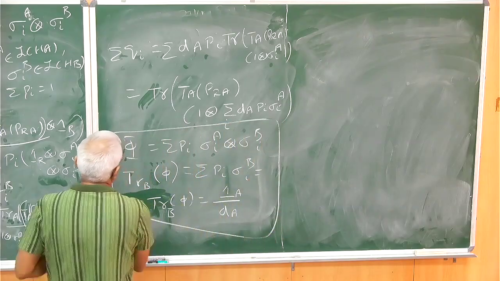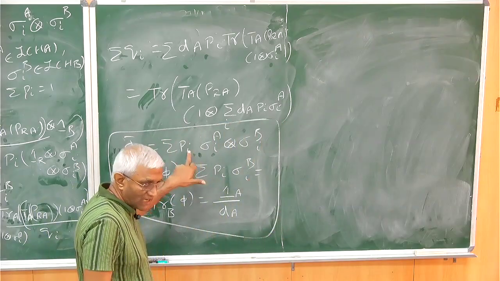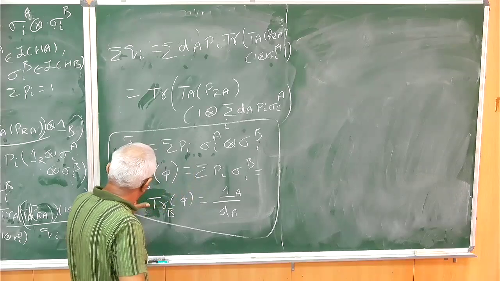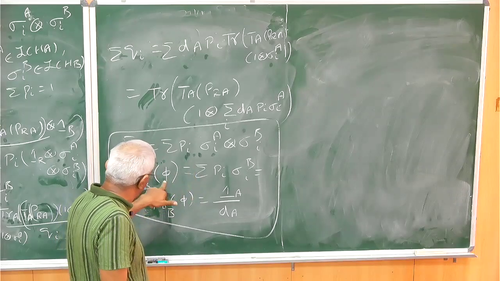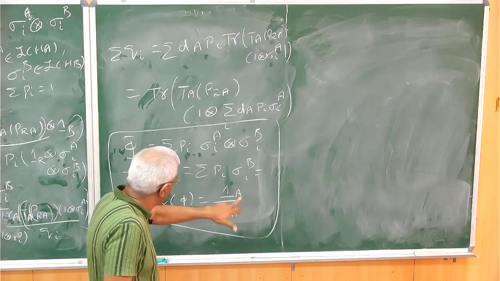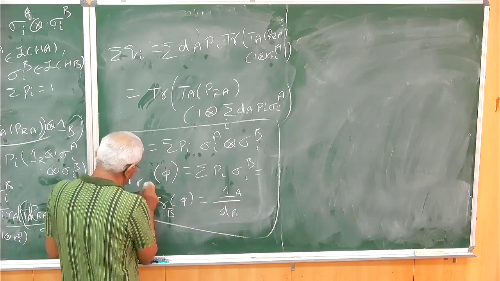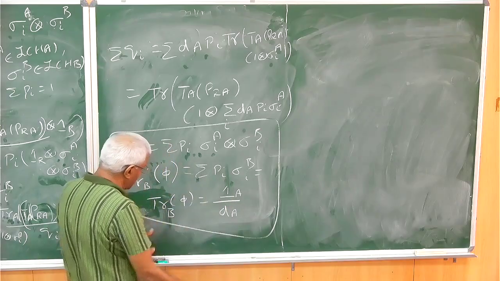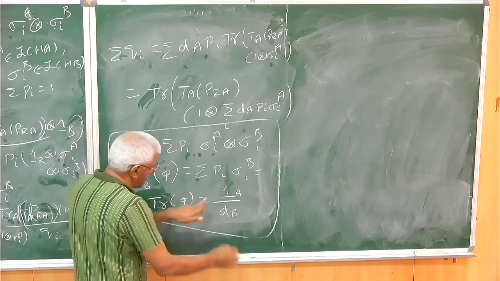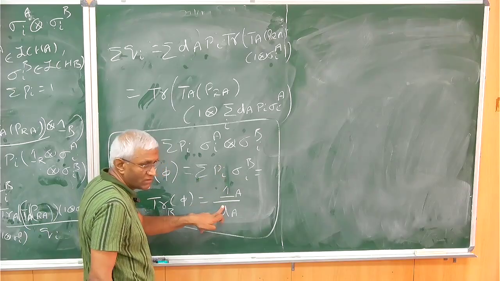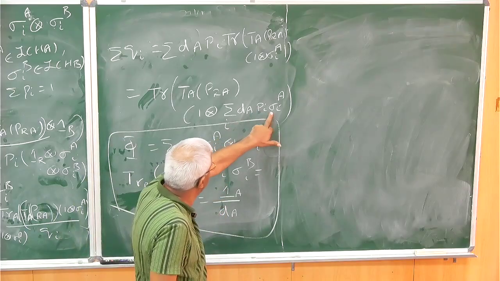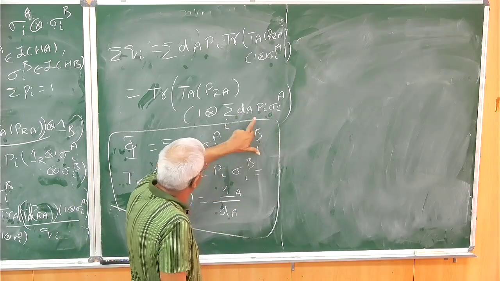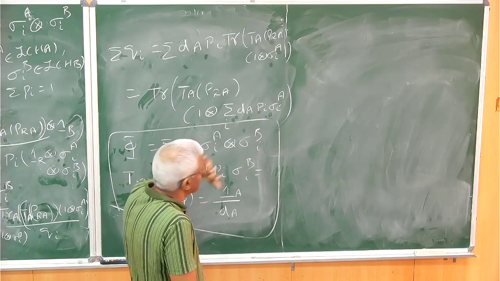We have assumed the Choi matrix looks like this. It is a general fact that for any Choi matrix, if you take the partial trace, it's supposed to be this. So this should be equal to this. So summation Pi should be equal to identity by dA, and when you take dA with it, it is just identity.